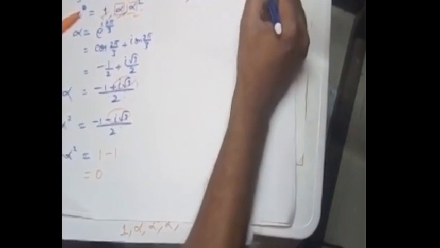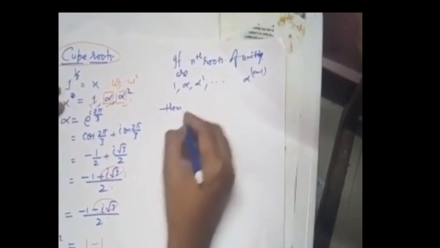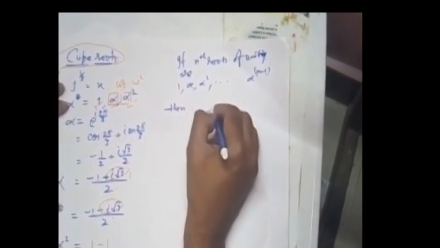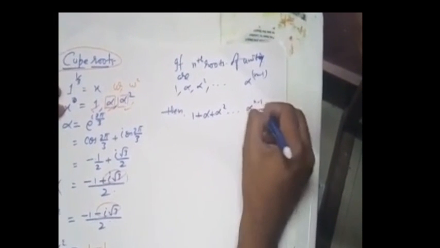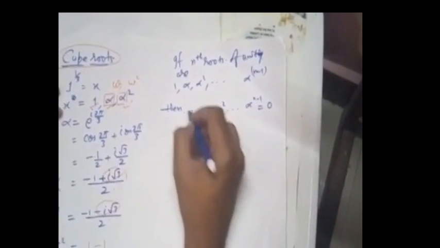So if the nth roots of unity are 1, alpha, alpha square, up to alpha power n minus 1, then 1 plus alpha plus alpha square up to alpha power n minus 1 is always 0.